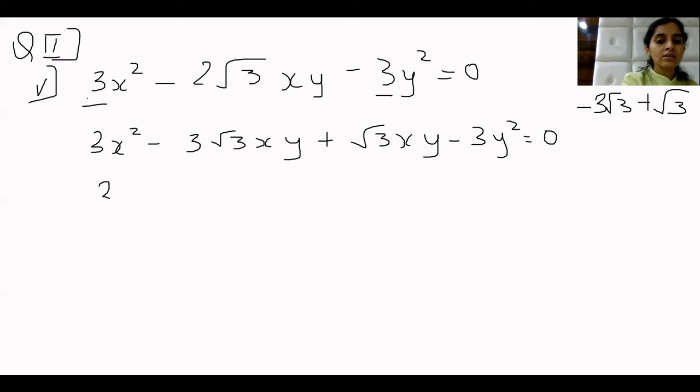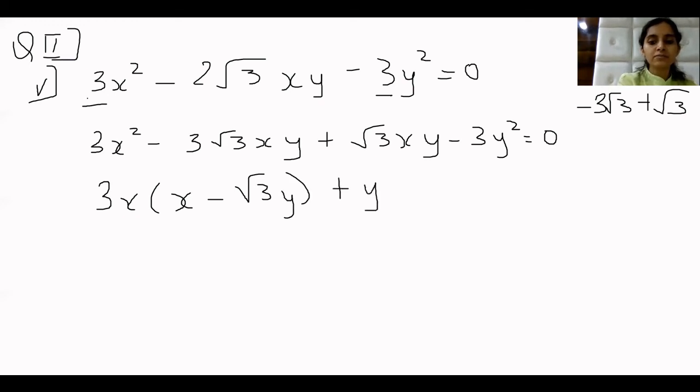Taking 3x common, I'll get x minus root 3y, plus root 3y common, and you get x minus root 3y equal to 0.